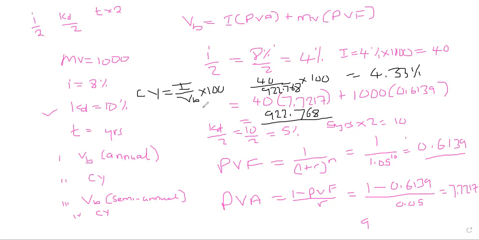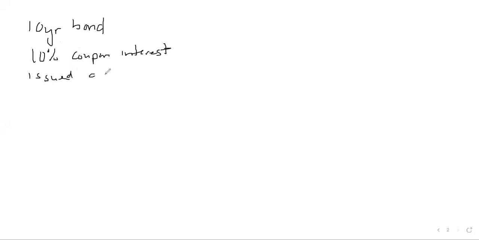All right. Sometimes you'll be given a 10-year bond. And now this 10-year bond has a 10% coupon interest, and is issued after 2 years, and sells for 1,200.